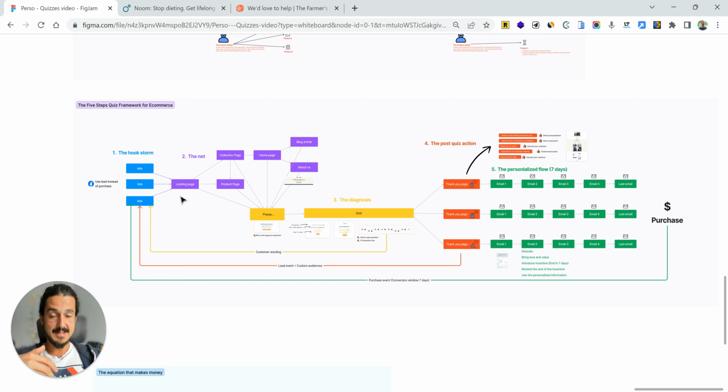But with this complete system, when they go through the whole funnel, they get the right education for them to purchase.